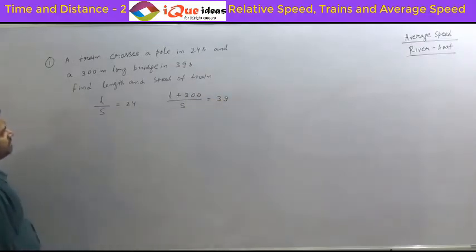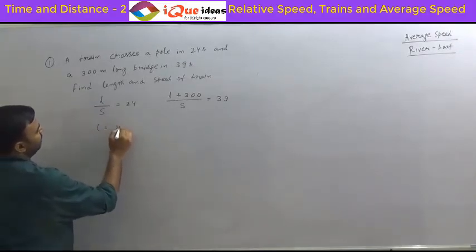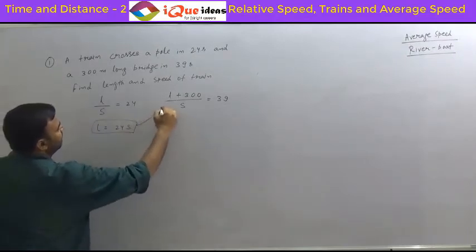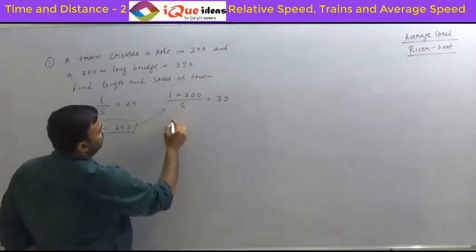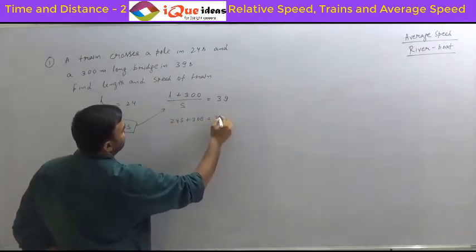So we have two equations and two variables. We can calculate them very easily. Alright, what you can do is, from here you will get L is equal to 24S. You put it in this second equation, you will get 24S plus 300 is equal to 39S.